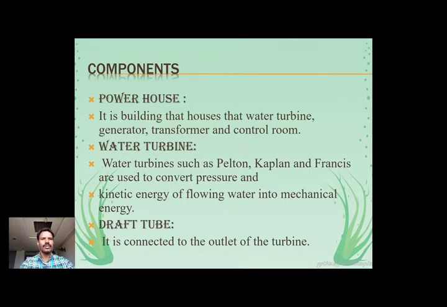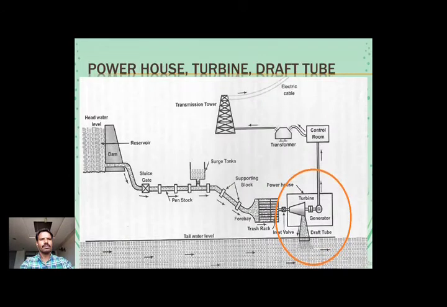Here it converts the pressure and kinetic energy of water into mechanical energy. We use 3 types of turbine: Pelton, Kaplan and Francis. The turbine varies depending on the application; we discuss this later. The draft tube is connected from the outlet of the turbine to the tail. So look at the powerhouse: it has the turbine, generator and draft tube.